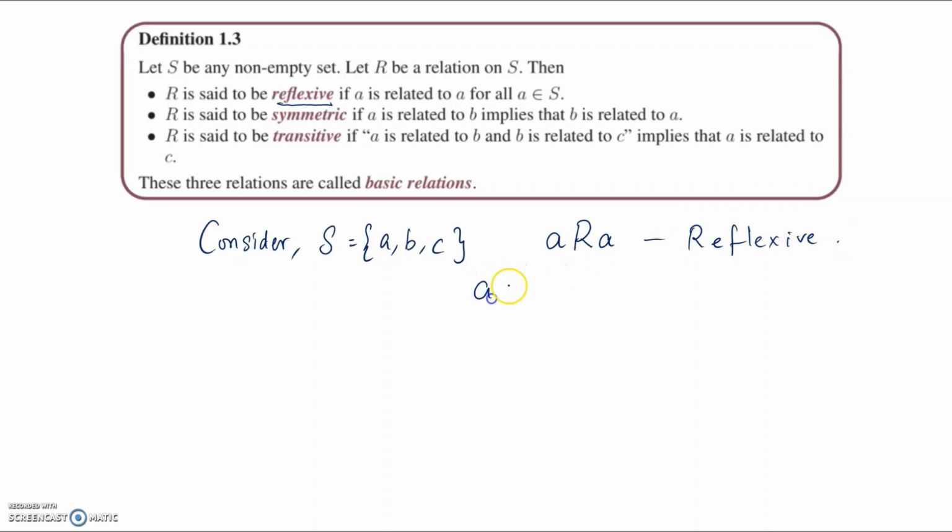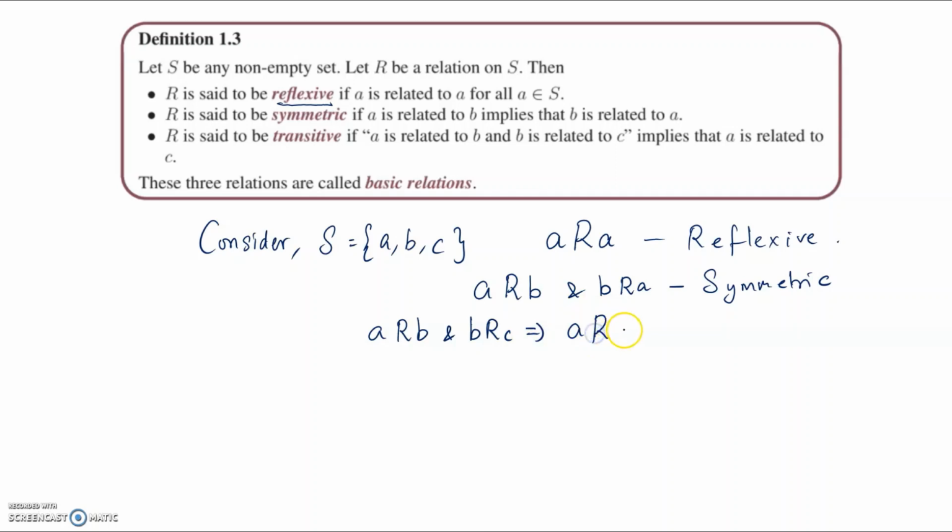If A is related to B and B is related to A, then this is called a symmetric relationship. If A is related to B and B is related to C, which implies that A is related to C, then this relationship is called a transitive relationship.